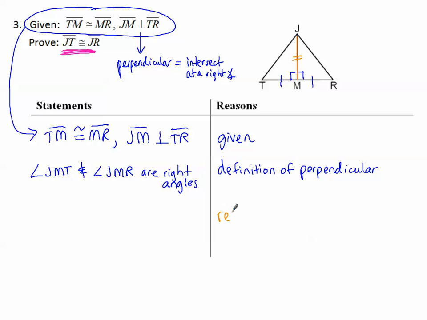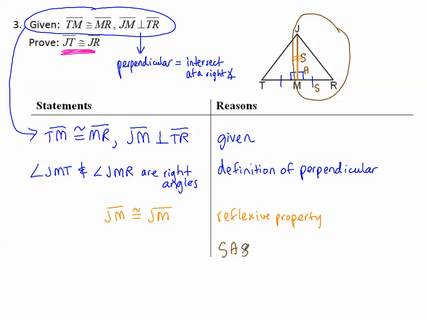Reflexive property? You betcha. Let's mark that we're using the reflexive property because that's our shared side, and segment JM will be congruent to segment JM itself. Now we have enough information. So now, looking at one of the triangles, I can use SAS.